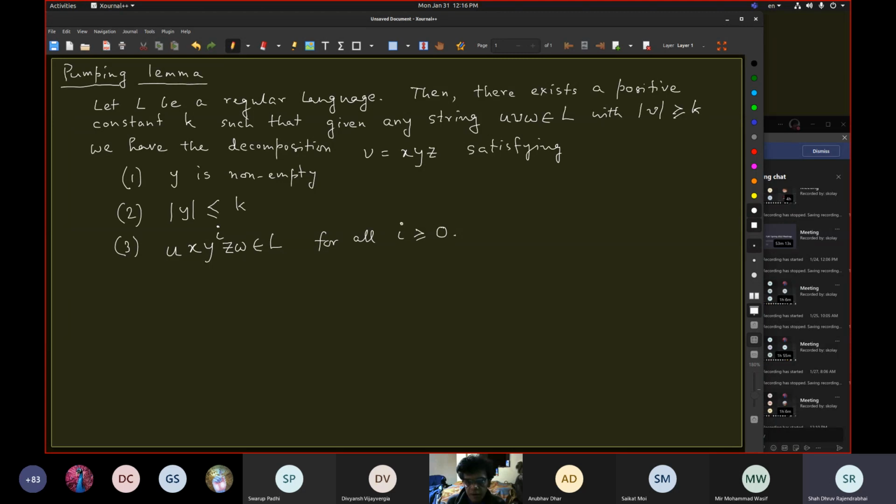Then reading the first symbol, it is q1. Reading the second symbol, it is q2, and so on. If the length of V is n, after reading these n symbols from V, the state will be qn. So I have n plus 1 states, q0, q1, q2 up to qn.